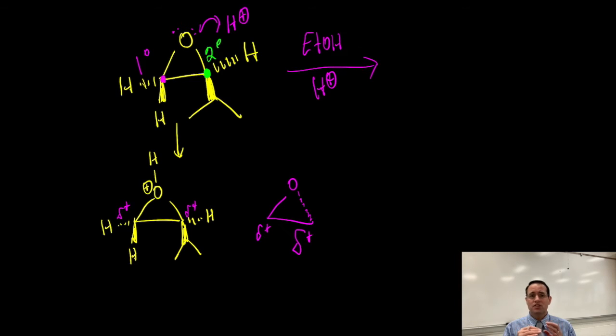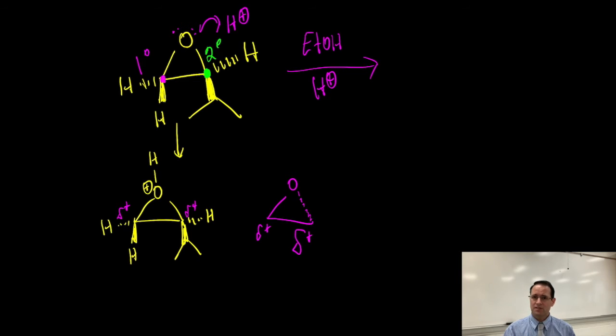Remember again, this is an extremely reactive intermediate. The positive charge, there's ring strain, there's electronegativity differences, and we want to spread this charge out that's burdening the molecule as best we can. So that delta plus is going to be shared around by different atoms in this molecule, and it's going to be more shared on the carbon atom that can more stand it, okay?